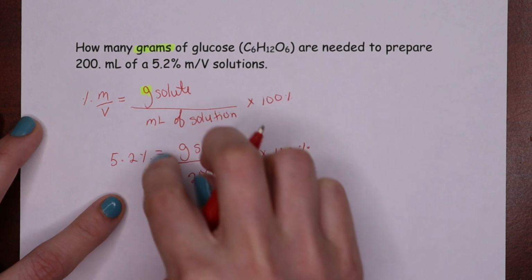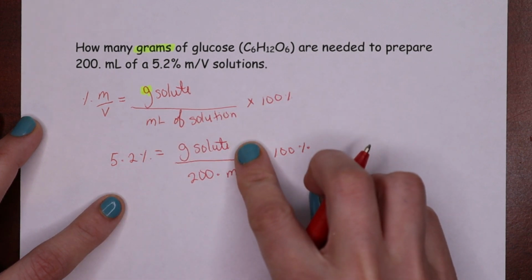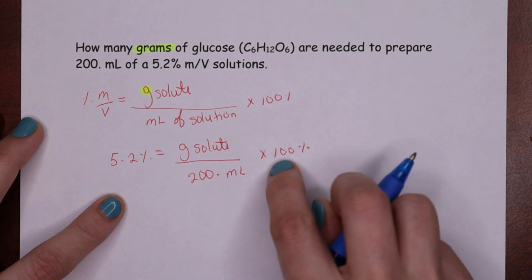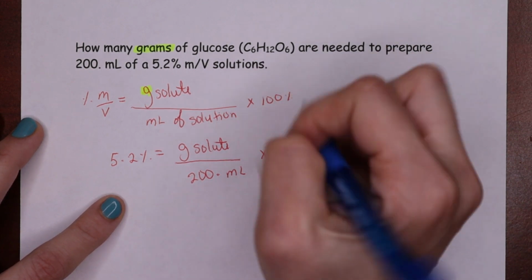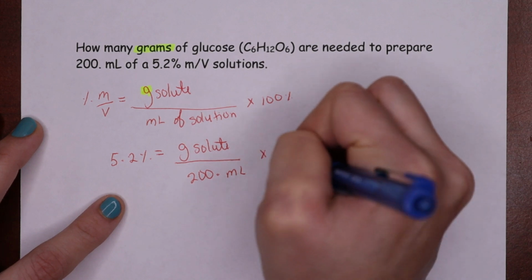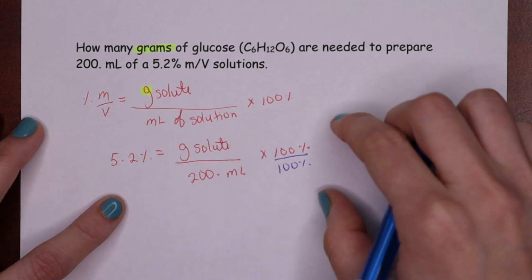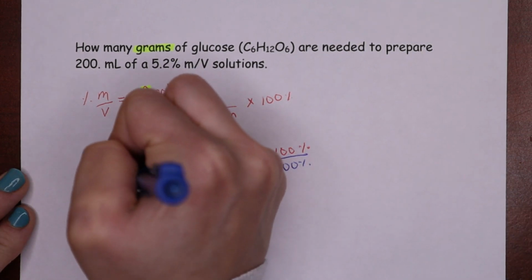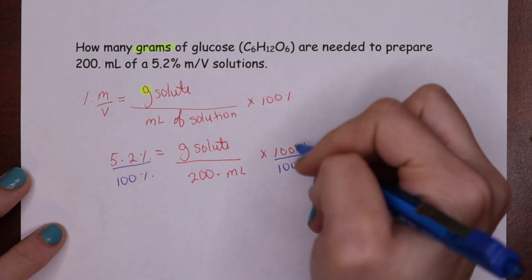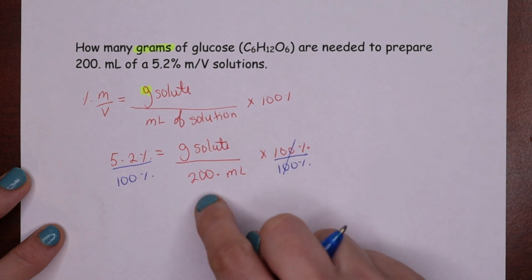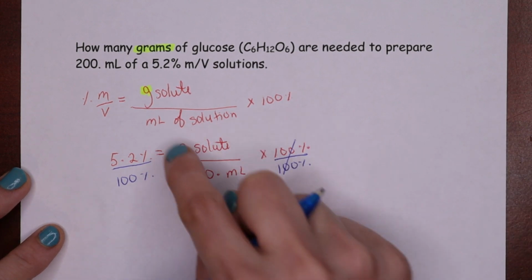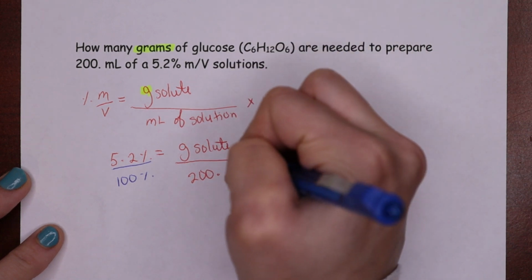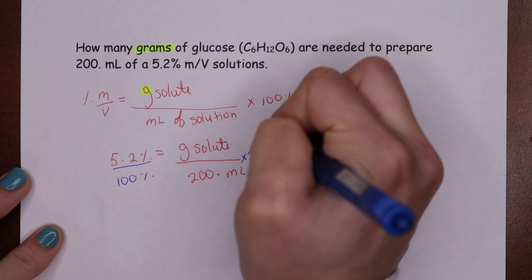Now, since we want to isolate these grams, now we're just going to be using some algebra. Let's start out with this 100 right here. It's being multiplied, so to get rid of it, I have to divide by 100%. Whatever I do on this side of the equation, I have to do on this side as well. So this divided by 100%. And then I have 200 over here. Again, I'm trying to isolate grams, so because it's being divided right now, I have to multiply times 200 milliliters.